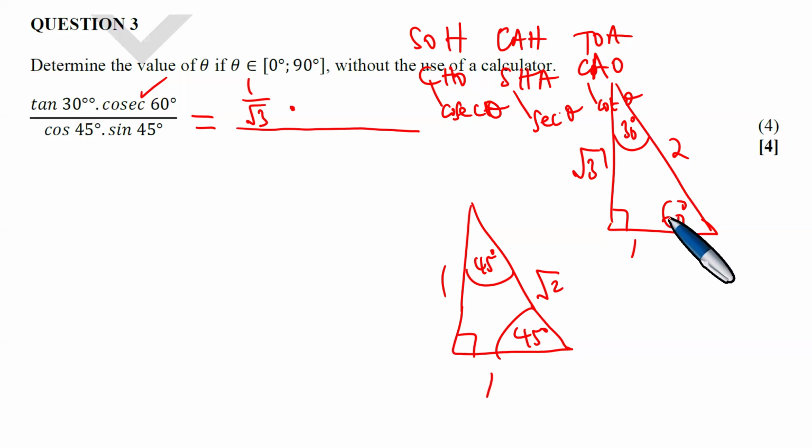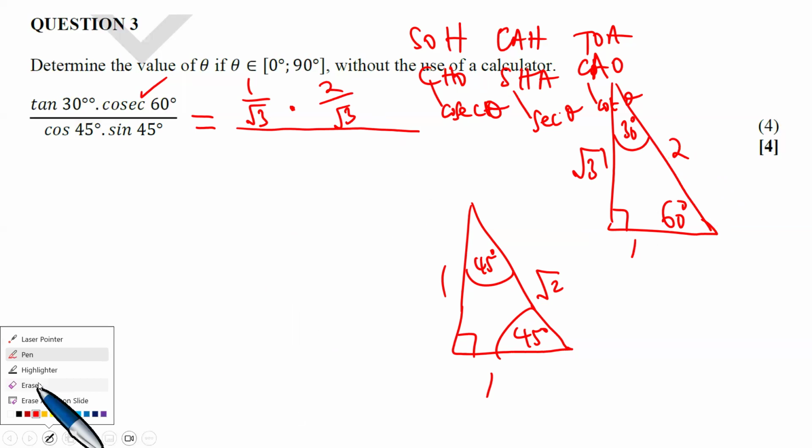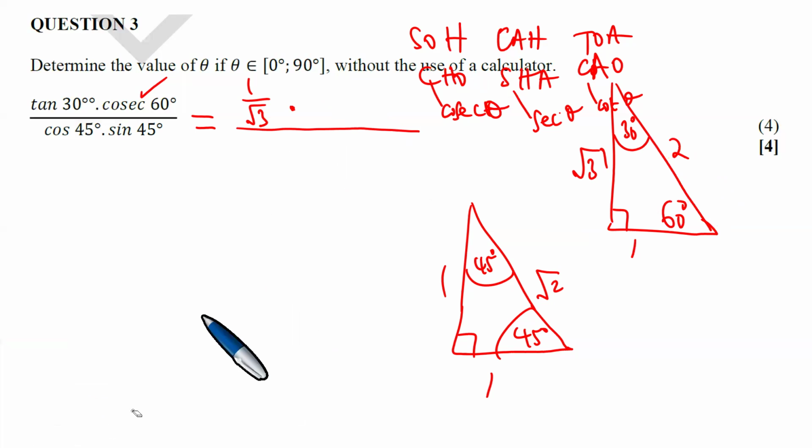You look at 60, and then say hypotenuse over opposite, which is actually 2 over the square root of 3. Well done.